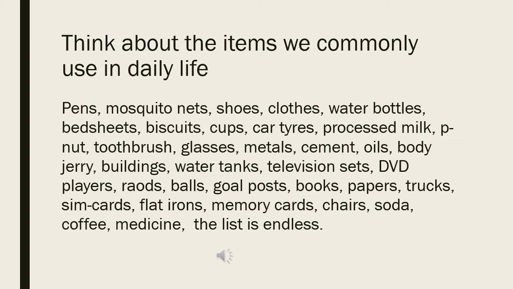We have bed sheets, body jelly, water tanks, television, DVD players, balls, goalposts, books, tracks, car tires, memory cards that we put in phones, chairs, medicine, and so on. Most of these items are manufactured items, so standards have to be used when manufacturing them.